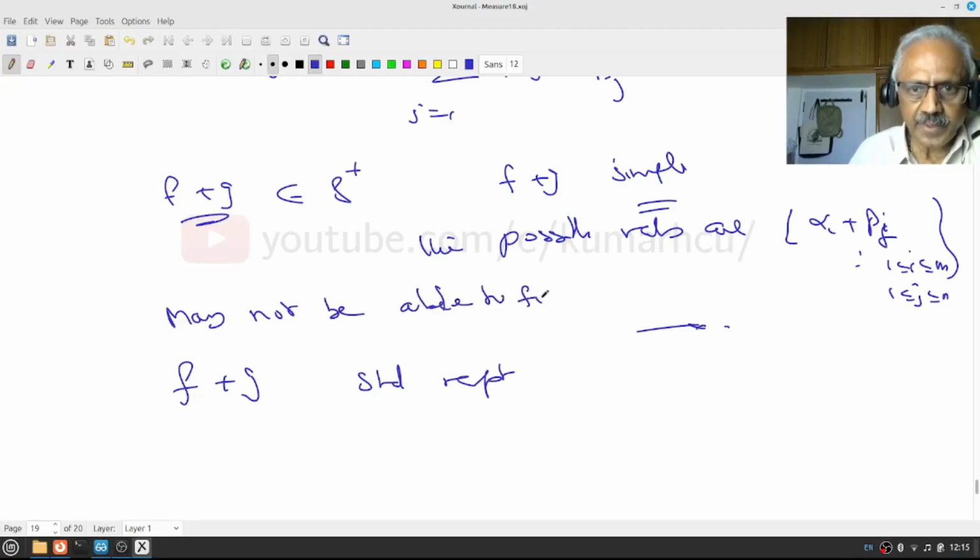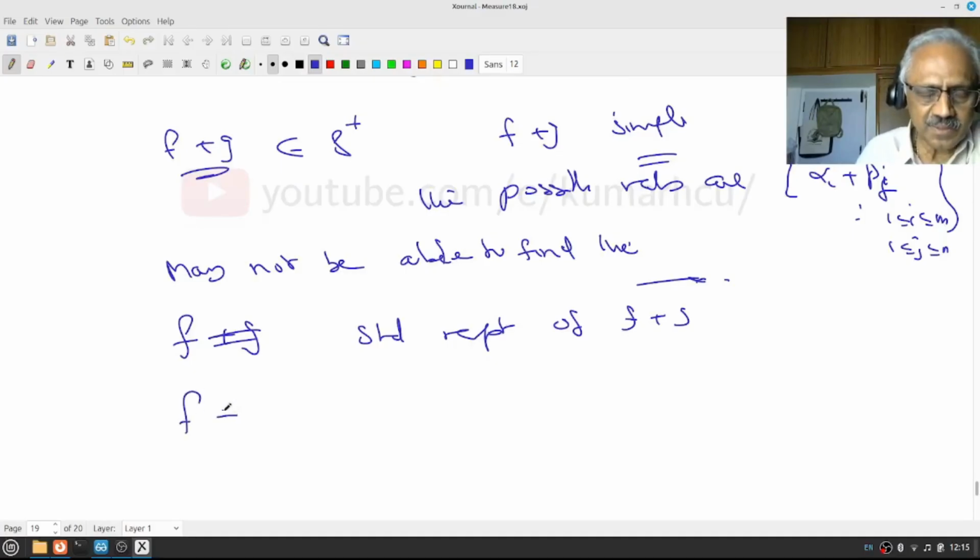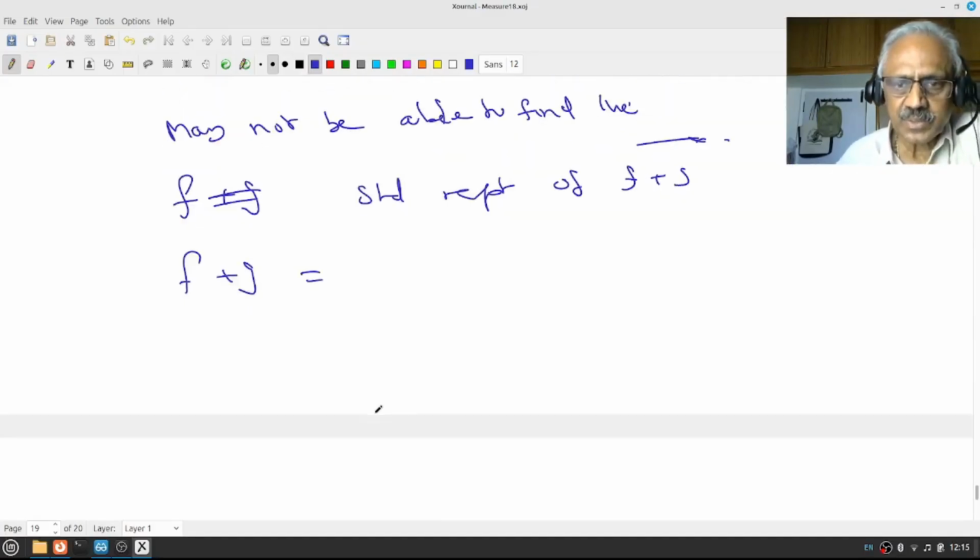Able to find the standard representation of f plus g. But let us look at this. F plus g, I can write it as a summation, let us say gamma r, and something.